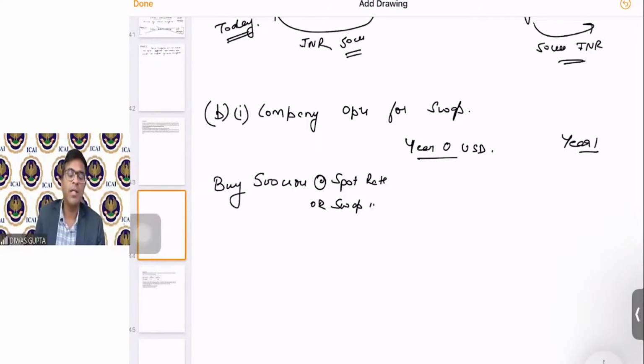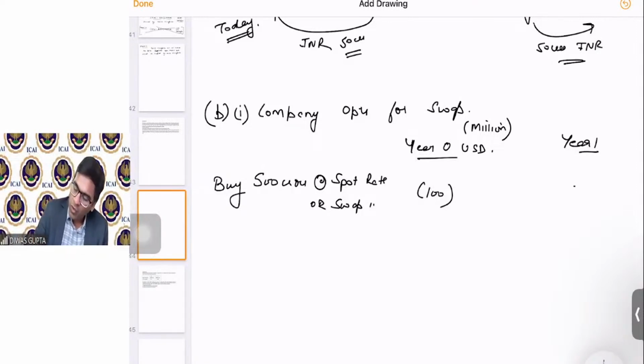It will think from the USD perspective. So minus $100 million will be paid to swap the 500 crore rupees. Okay. I will pay 100 million. I will get 500 crore, which I will invest.